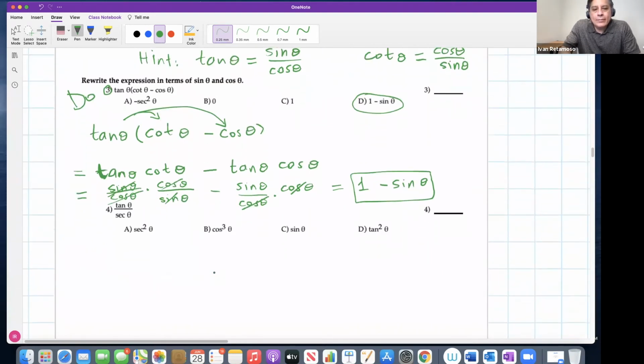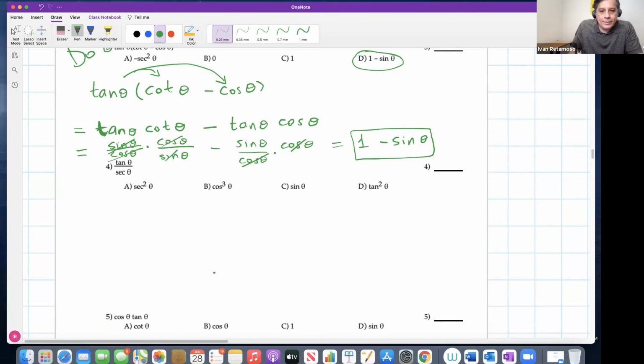Okay, guys, another one here. Let's probably do this one and then we'll move on to the next. Try to do this. Tangent of theta divided by secant of theta. Hint: tangent of theta is equal to sine of theta over cosine of theta.